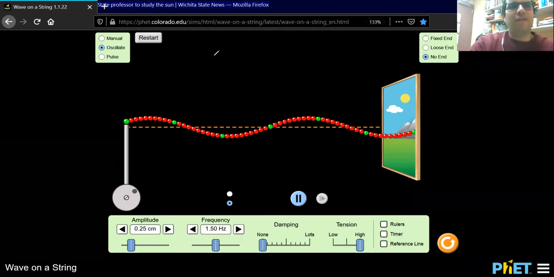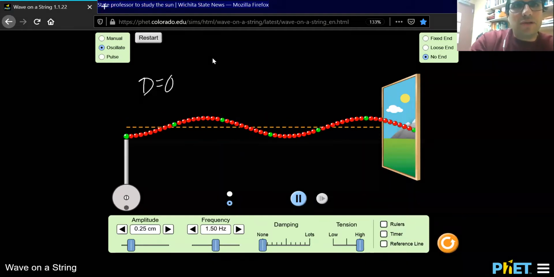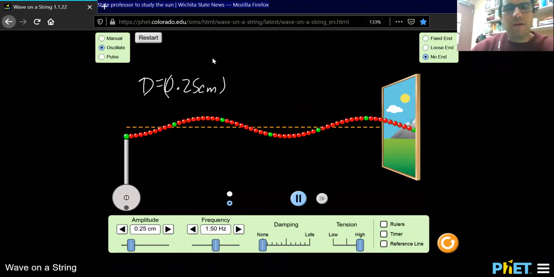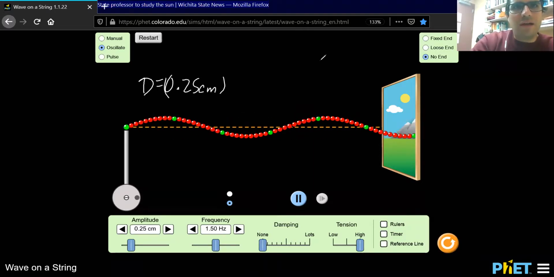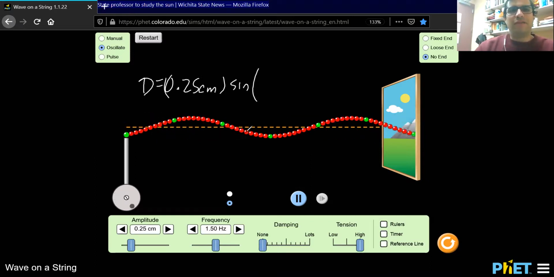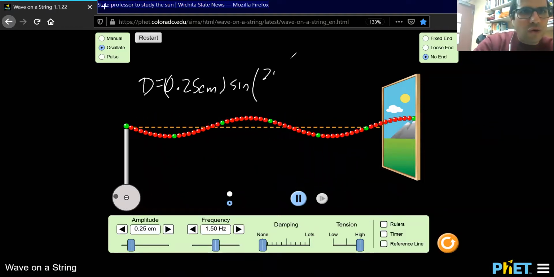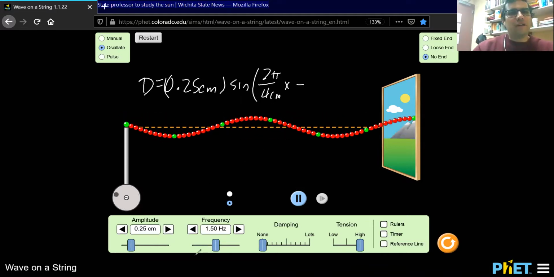So this wave is D equals 0.25 centimeters, in these units, times sine of, if you remember last time we measured the wavelength of this thing and found that it was 4 centimeters. So it's 2 pi over 4 centimeters times x minus 2 pi over the period, which is the same as 2 pi times the frequency.